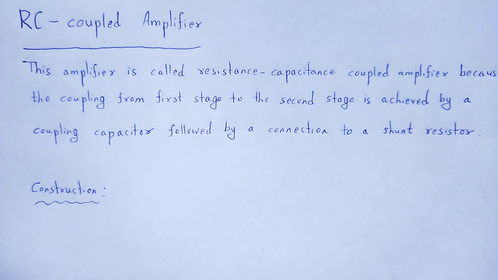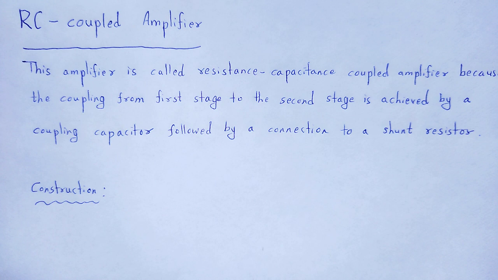There are various kinds of amplifiers. If we consider a single stage transistor amplifier, then it consists of one transistor. If we consider a multi-stage transistor amplifier, then a number of transistors are required, and as a number of transistors are used, these transistors are coupled with each other.